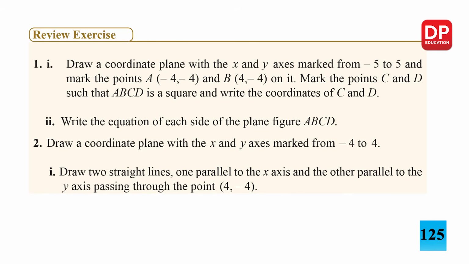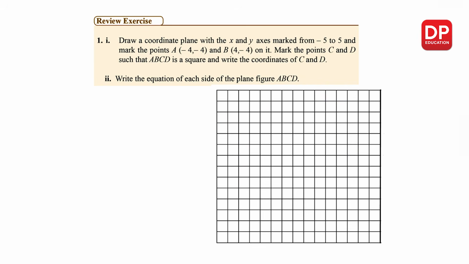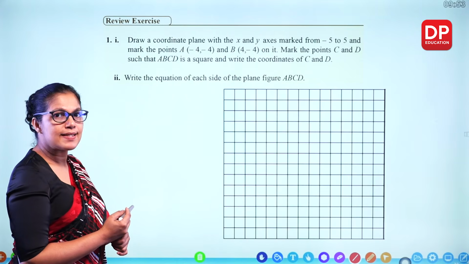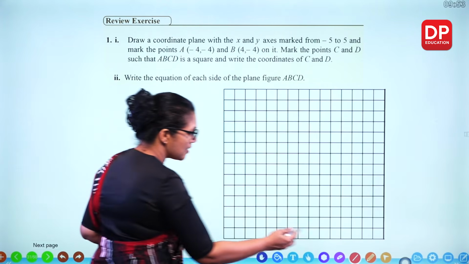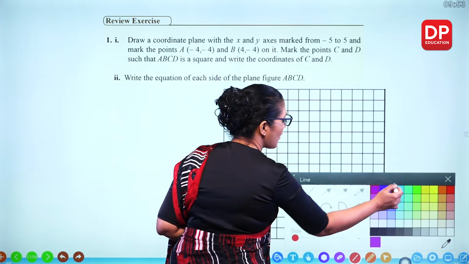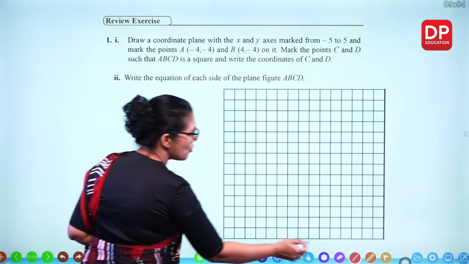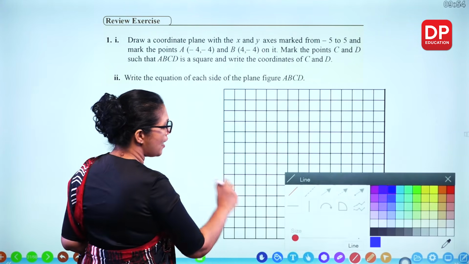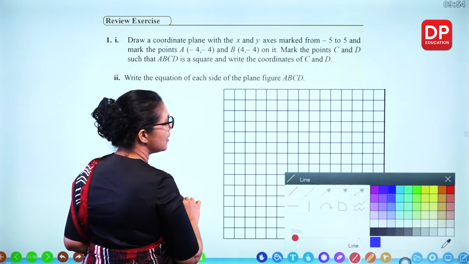We'll look at the review exercise. Draw a coordinate plane with the x and y axes marked from -5 to +5 and mark the points A and B. Coordinates are given. So we'll first draw the x-axis and y-axis. So you need -5 to 5.